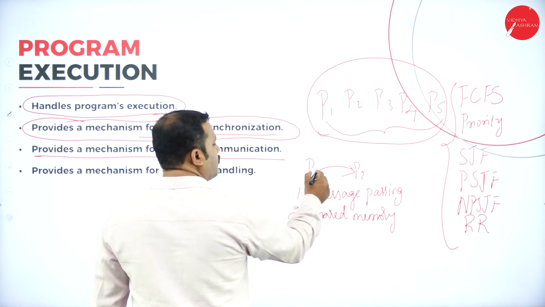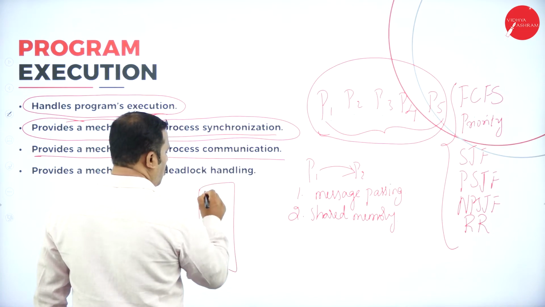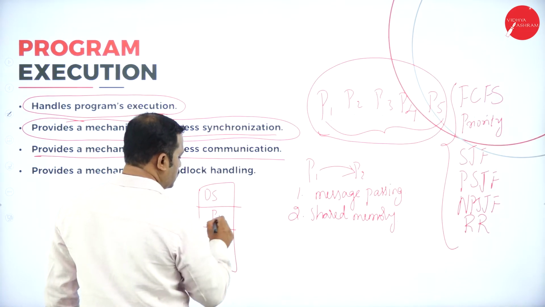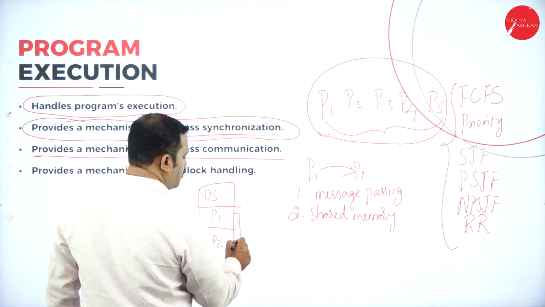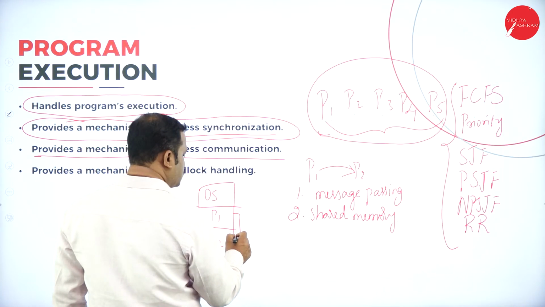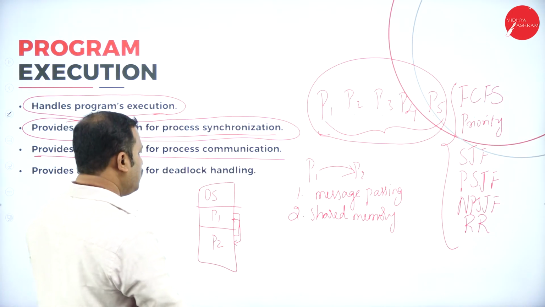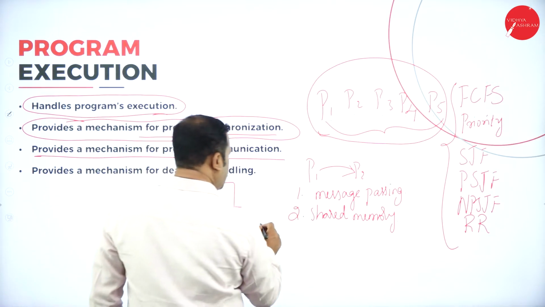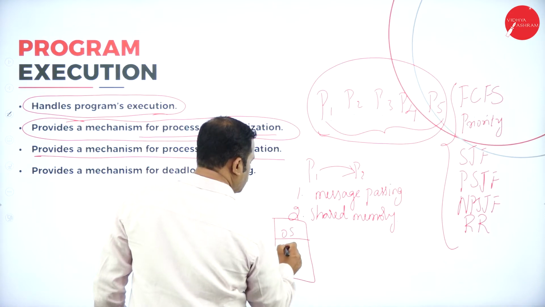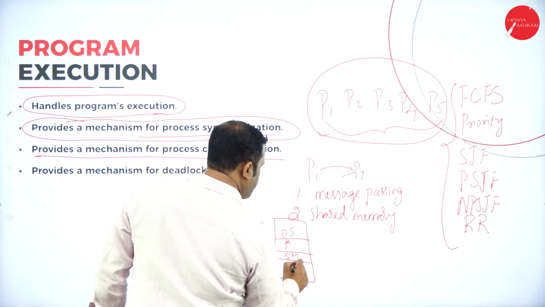So when P1 wants to communicate with P2, in case of message passing, the operating system is located here, P1 is here, P2 is here. P1 transfers a message to P2, P2 transfers a message to P1. This is called message passing. In case of shared memory, the OS is here, P1 is here, shared memory is here, P2 is here.